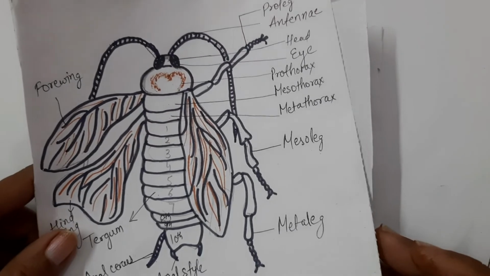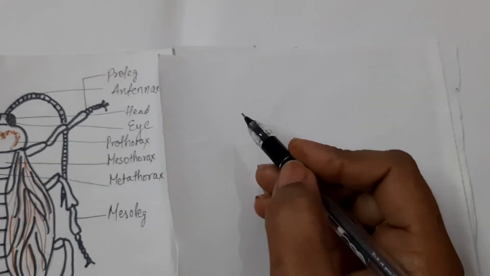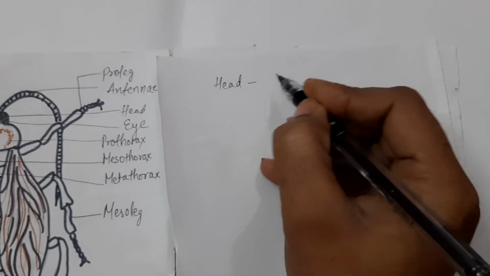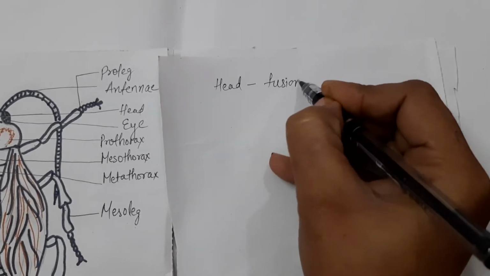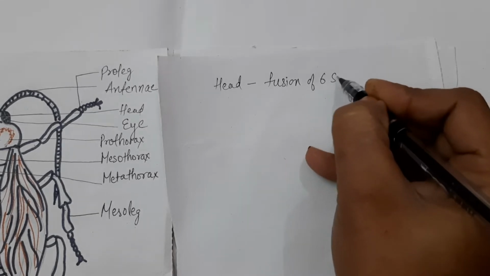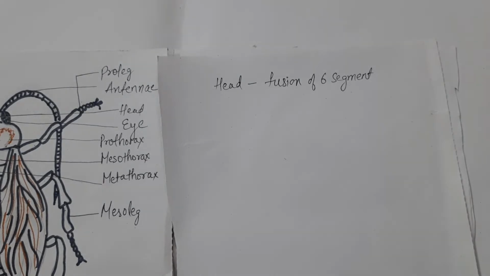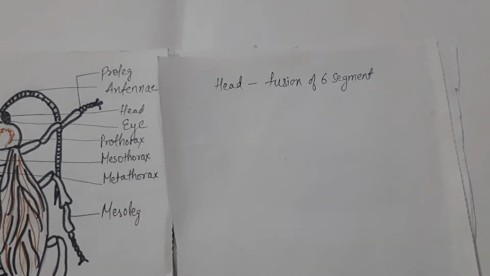So we were discussing the parts. Head section: what does the head section contain? Head is made by the fusion of 6 segments, and it is placed on a flexible neck.